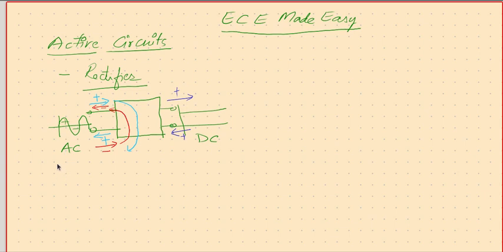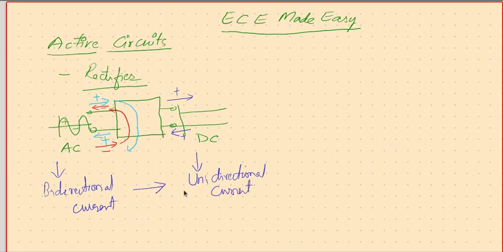We have a bidirectional current, and we want unidirectional current. We need something to convert from bidirectional to unidirectional. The simplest way of converting bidirectional into unidirectional is not to allow the other direction current.